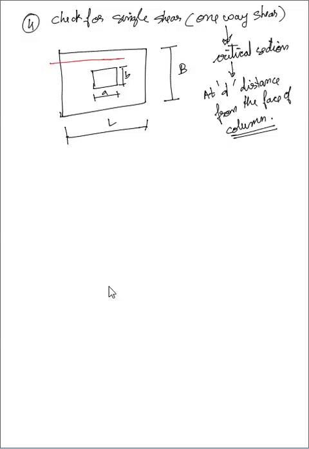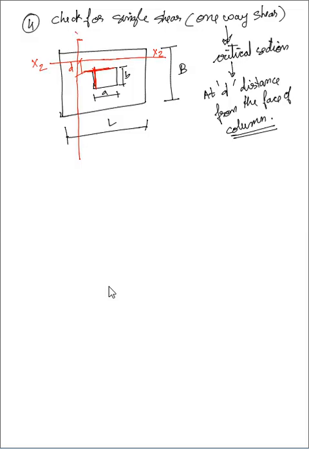You can see this is my face of the column, and this is distance d, small d. So here this will be my x2. Again for the vertical direction, this is my face of the column, so I will be taking my critical section somewhere over here.